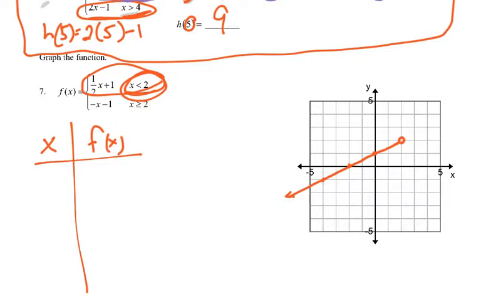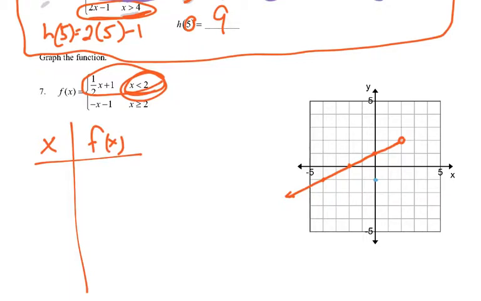For the second part of our piecewise function, our graph is negative x minus 1 for x's that are greater than or equal to 2. So what I can actually do there is graph it the same way and graph the y-intercept, but know that I'm going to have to erase the part that's less than 2.